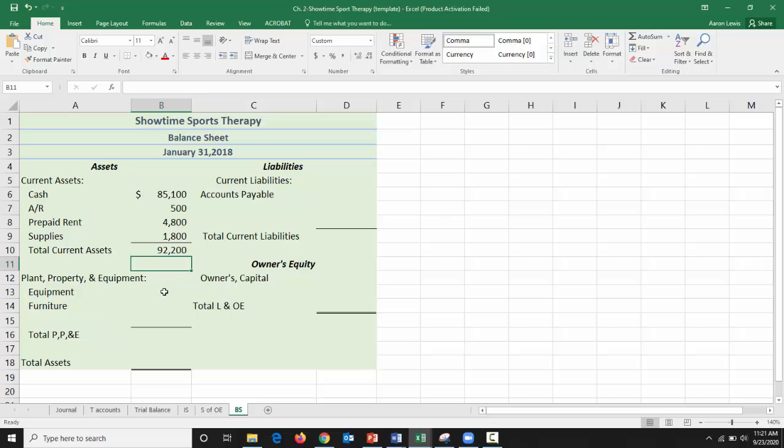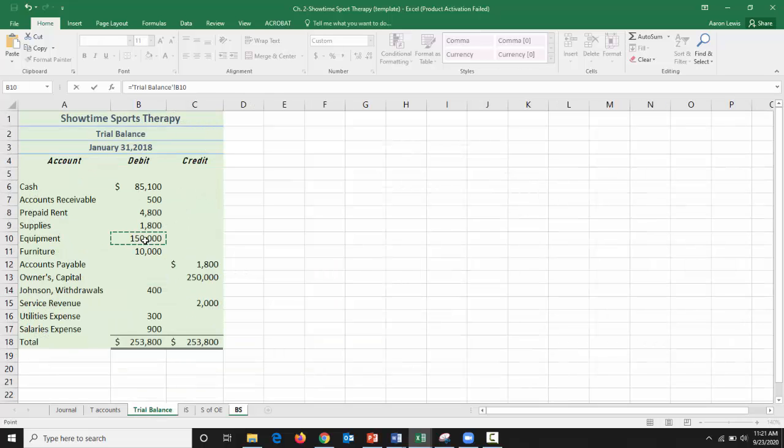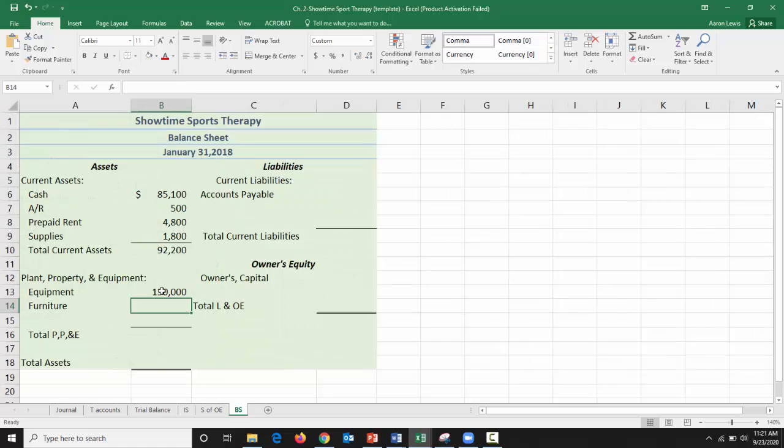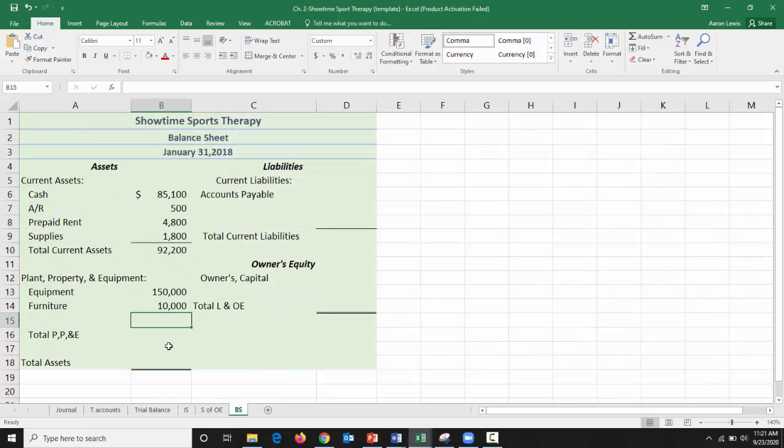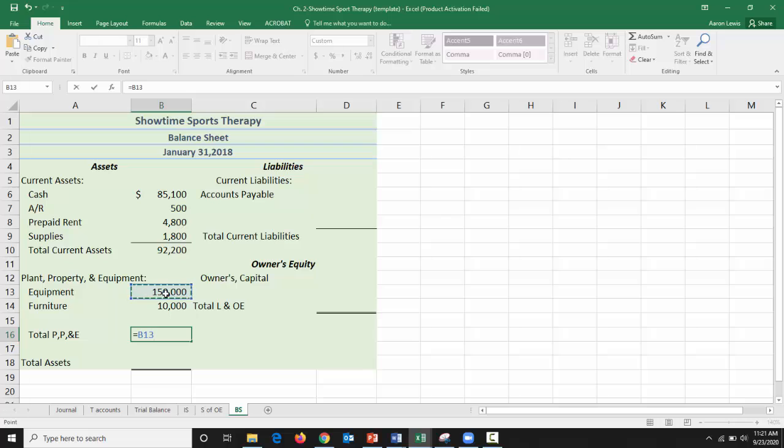Next up, we have our PP&E, our property, plant, and equipment. We have equipment. What was the balance of that account? Well, if we go back to our trial balance, we see we have $150,000 worth of equipment. And again, on our trial balance, we had $10,000 worth of furniture. So in total, our company owns, by adding these two numbers together, $160,000 worth of assets that we expect to use for a period of more than 1 year.